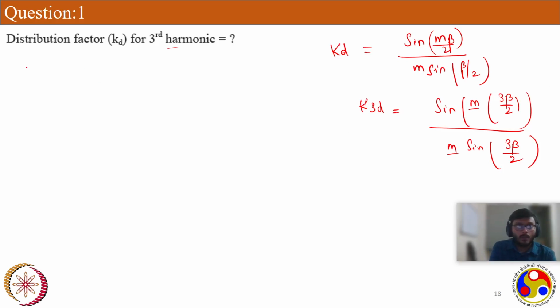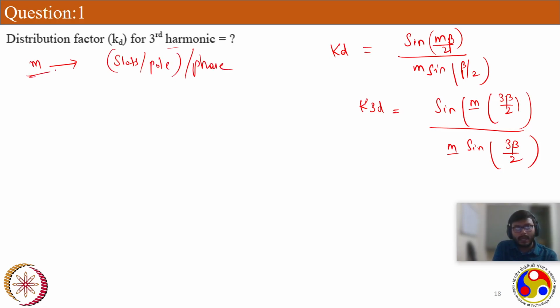So how number of coils that are distributed. So to find the number of coils that are distributed, we can also find that by slots per pole per phase.